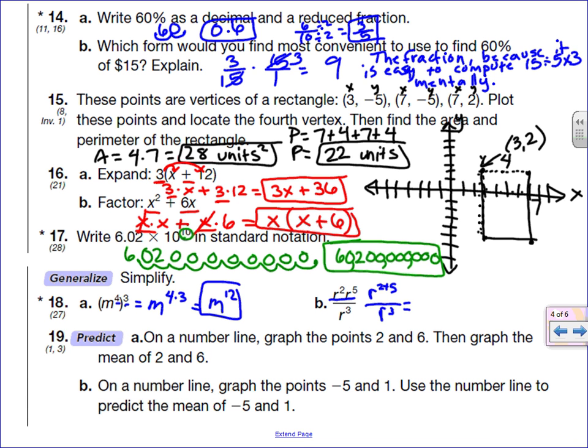R to the 2 plus 5 is r to the 7th. And then when I'm dividing or have a fraction of things with exponents, I subtract them. So I'm going to have 7 minus 3. 7 minus 3 is 4.